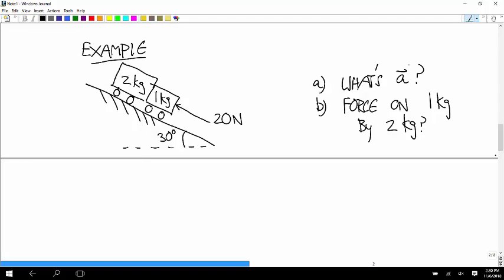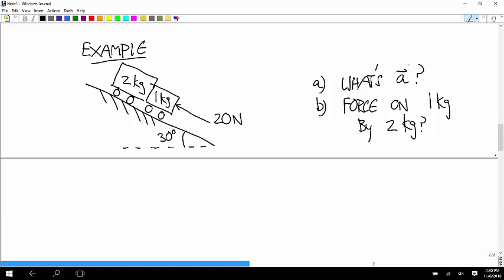Okay, well, part A asks for the acceleration. Do we want the acceleration of the 1 kilogram or the 2 kilogram? That's the same. They're moving as a single thing. So what are we going to isolate to calculate the acceleration?